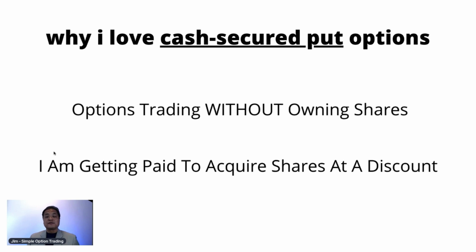For example, if Apple stock is trading today at $130, $140 per share, and I sell a cash secured put that expires in a month, I'll configure my cash secured put option contract so that at the end of the month, 30 days from now, if I end up getting assigned those shares, I'll pay $120 per share. And so I'm going to show you how that works. And that's one of the secrets or the magic behind stock options.